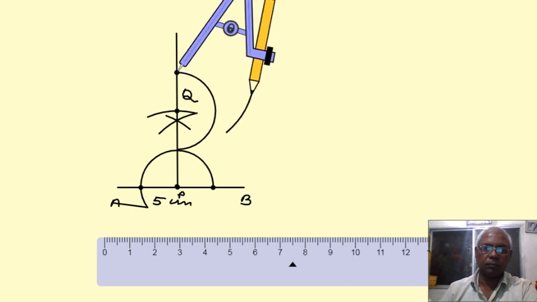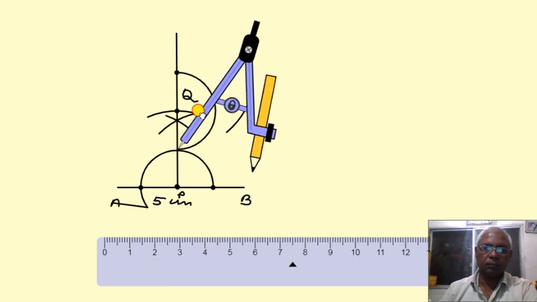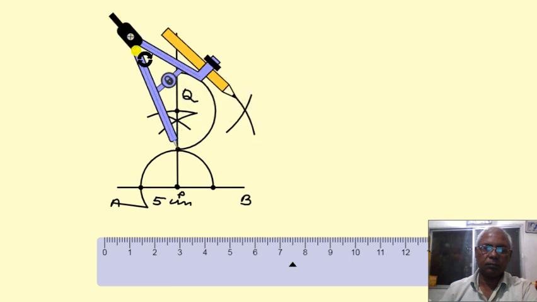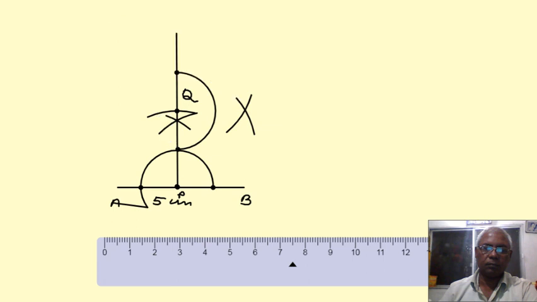Now once again take this point and increase the distance. Fix the distance and make an arc like this. Once again keep it at this point and make an arc like this.